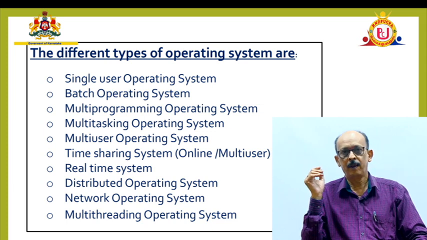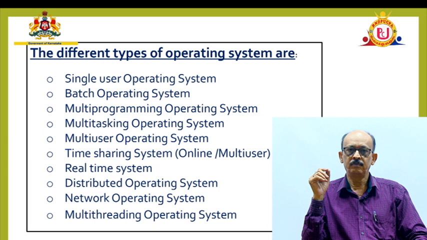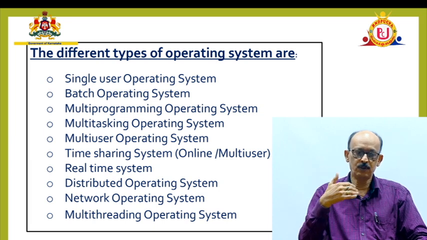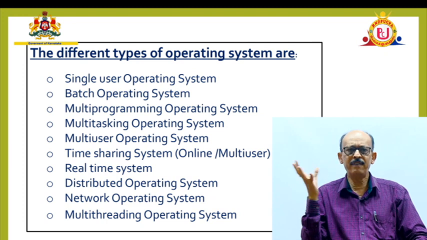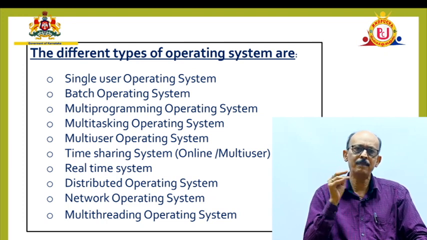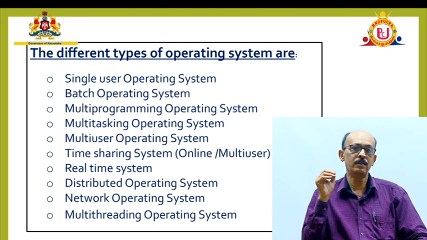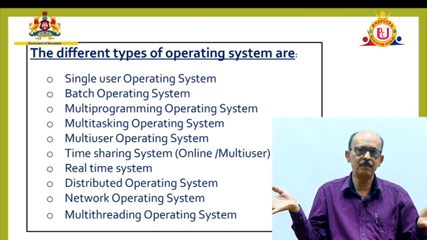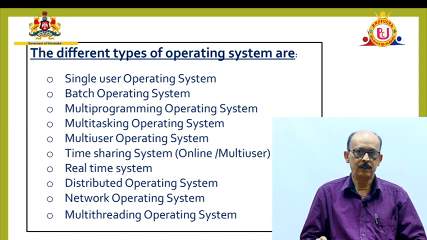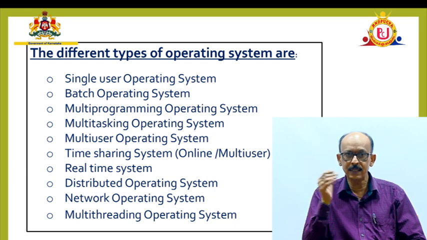Batch processing, batch operating system. I'll explain those things one by one later. Multi-programming: many different programs can be executed at the same time, and it can be a single user operating system. Multitasking: different jobs at the same time.